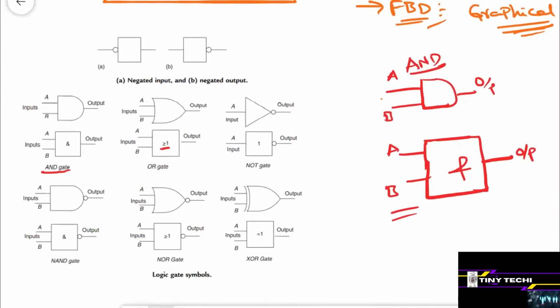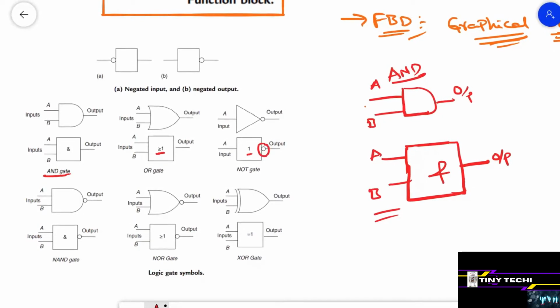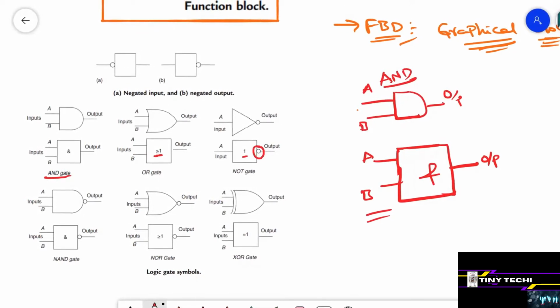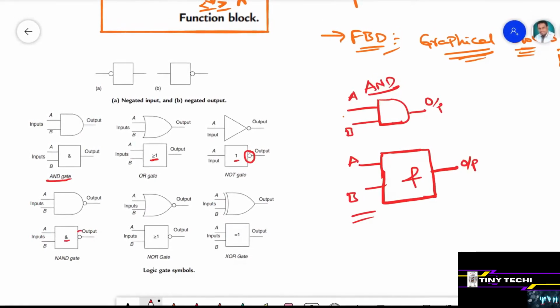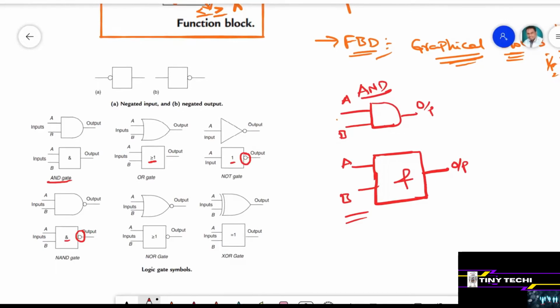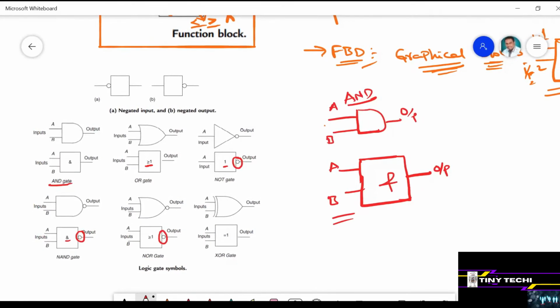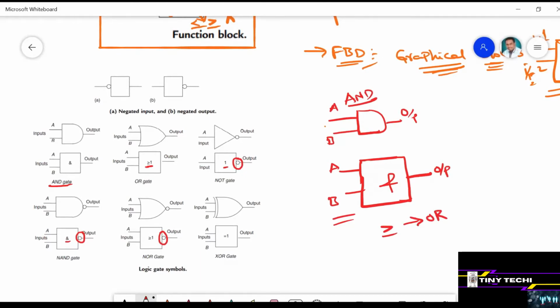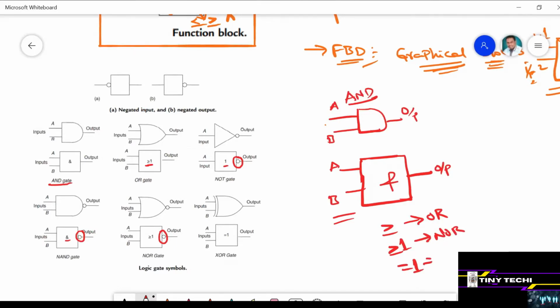OR gate representation, and NOT gate representation, where we connect a bubble at the output. Now the NAND gate is the AND symbol with a negated output, and the NOR gate is the OR symbol with a negated output. This is AND, this is OR gate, and this is NOR gate. XOR gate is represented by equal to 1.